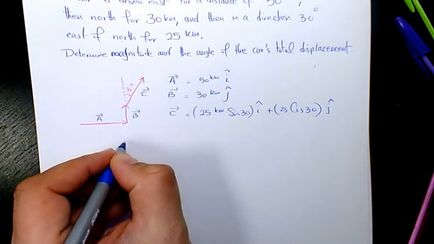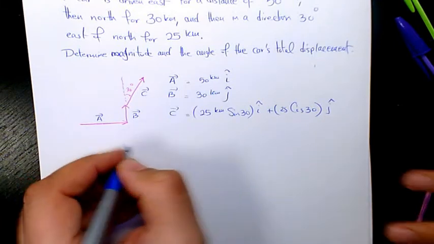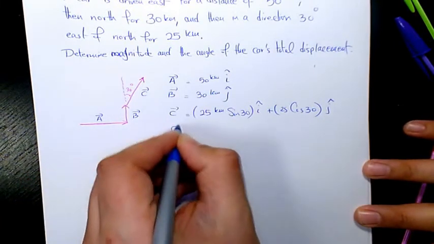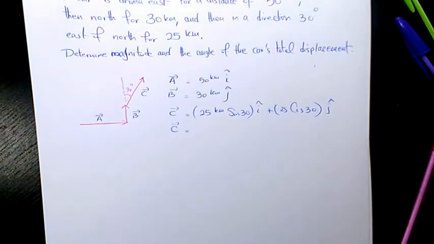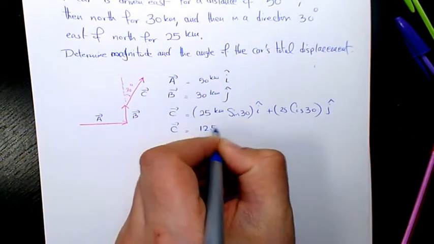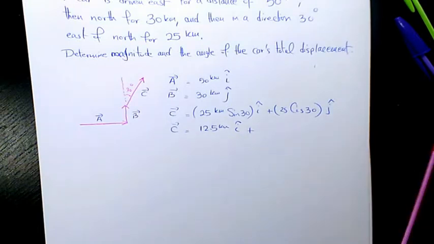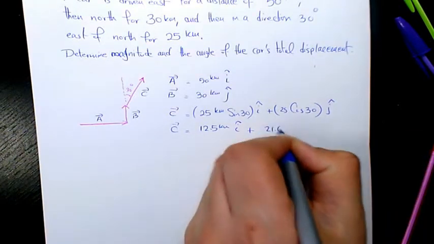25 times sine 30 is going to be 12.5 kilometers i, and we have 25 times cosine 30, that's going to be 21.65 j.